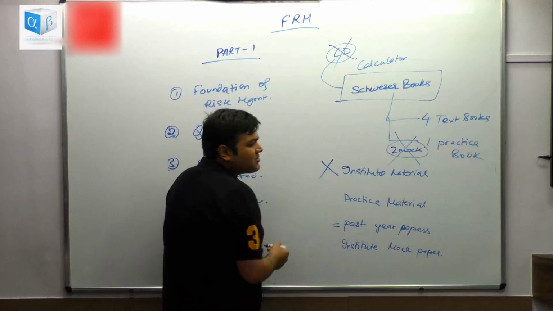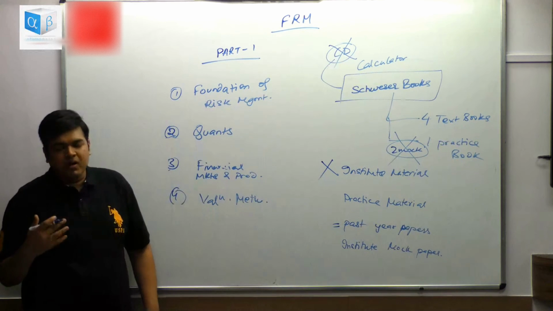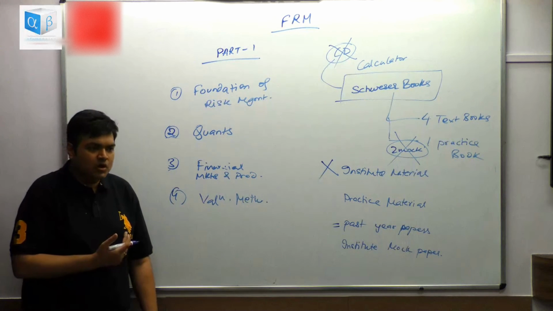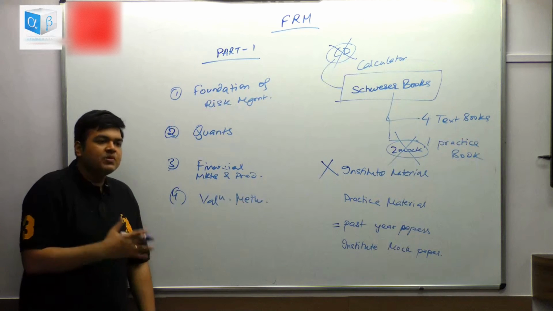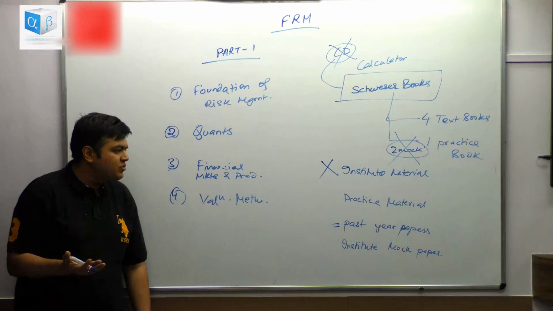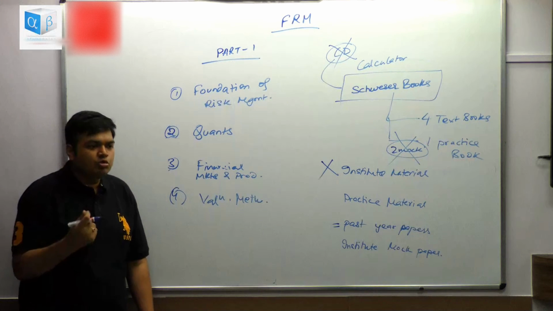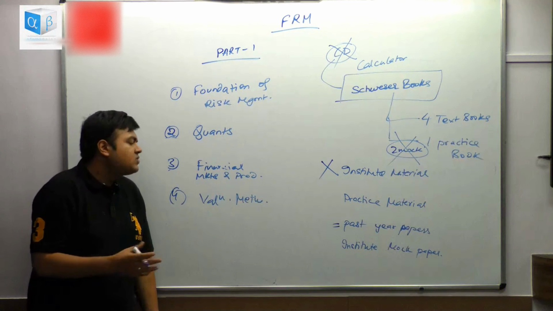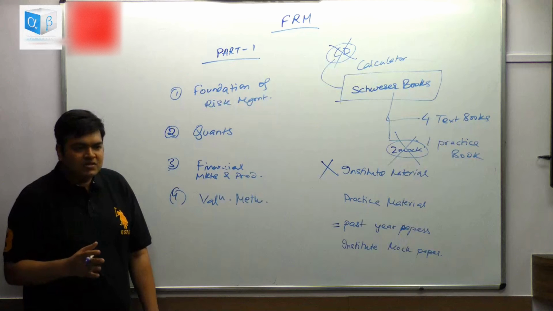Now, when you're looking at the past year papers, the FRM curriculum has gone through significant changes over the last few years. So solving old papers, you'll be encountering a lot of out of syllabus questions, and you might have a little issue identifying whether it is in the syllabus or out of the syllabus. Therefore, I do not recommend you to do a lot of past year papers.